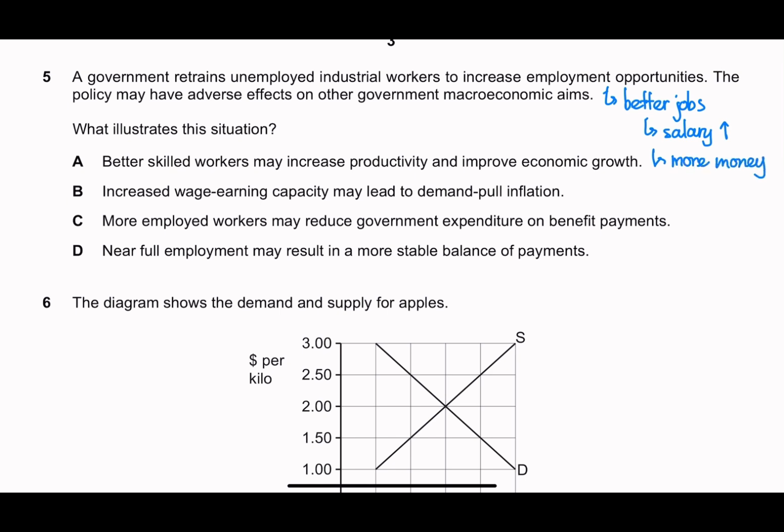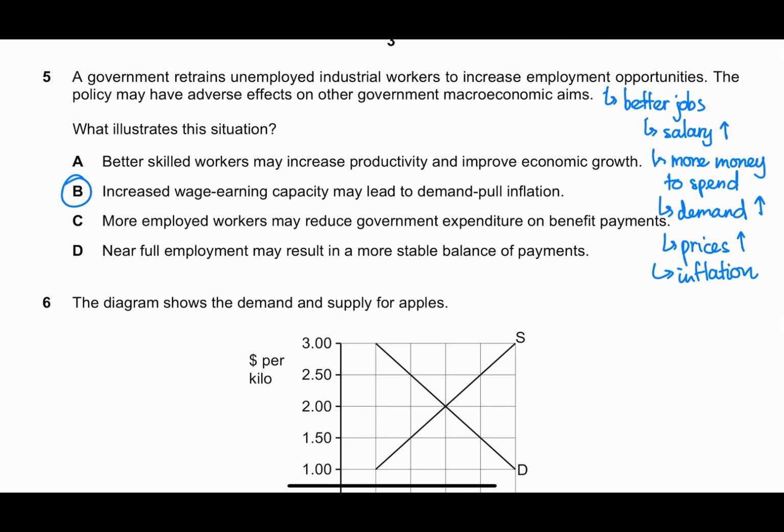And if we have more money to spend in an economy, that would make the demand of all the goods go up, and would not likely affect the supply. If demand goes up, that means the price of all goods and services would go up, and that would likely lead to inflation. So the option that mentions inflation in here is B. Increased wage earning capacity may lead to demand-pull inflation.